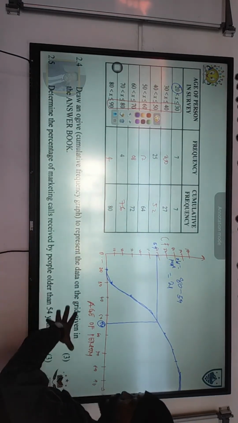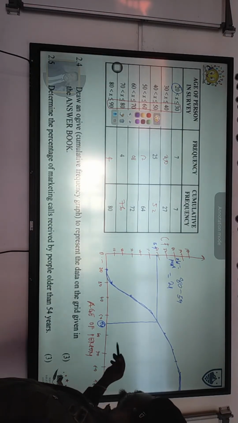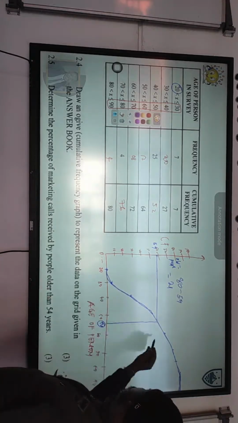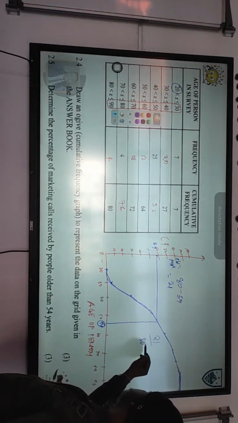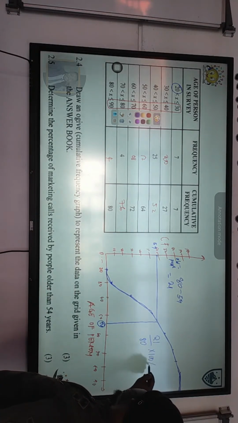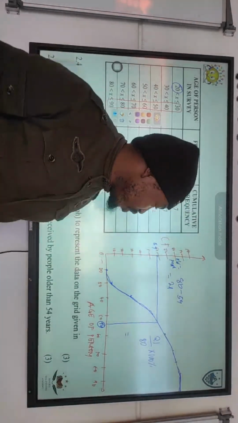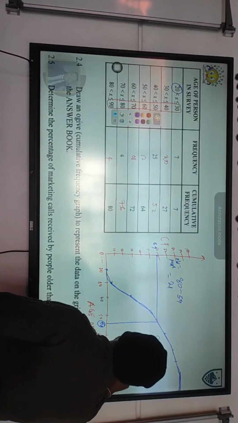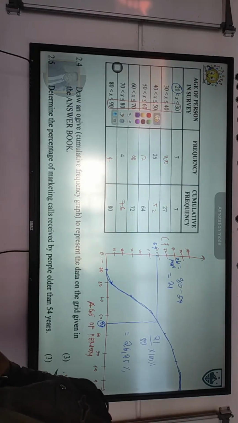The total number of older people is 21. So our percentage is 21 divided by the total number, which is 80, and then multiply by 100%, and we get our percentage right there. 26.25%. Yes.